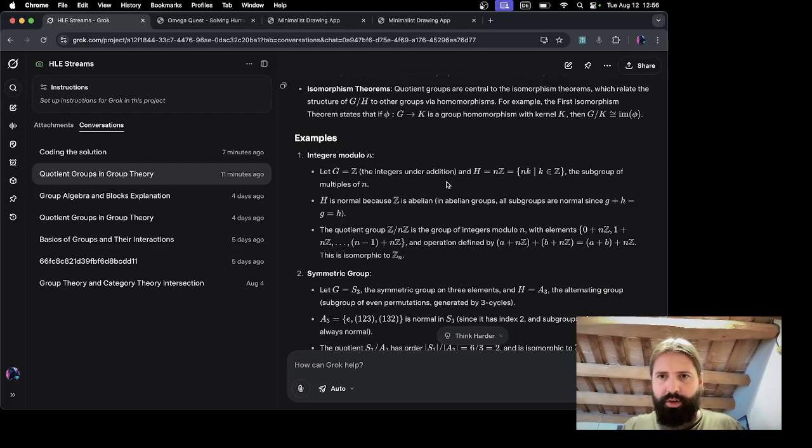G equals Z, the integers under addition, and H to be NZ, which is a subgroup of multiples of N. The quotient Z over NZ is the group of, yes, so you're taking one element of Z and then just focusing on these, right? 0 plus NZ, 1 plus NZ. Okay, so it's the group of integers modulo N. Yeah, okay.